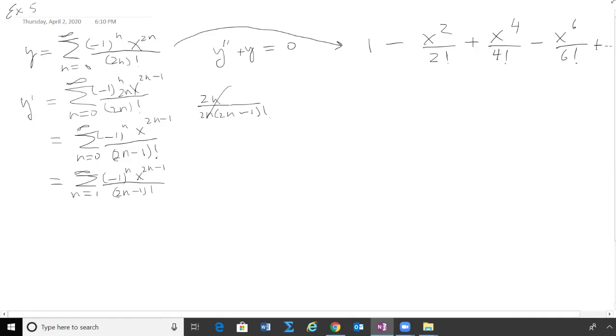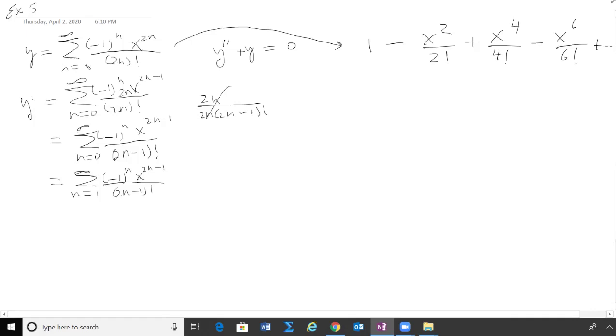And if you differentiate these terms one by one, we're assuming there's a positive radius of convergence for this function, that we are allowed to do this, although we're not finding that radius right now. We'll assume that it's okay.